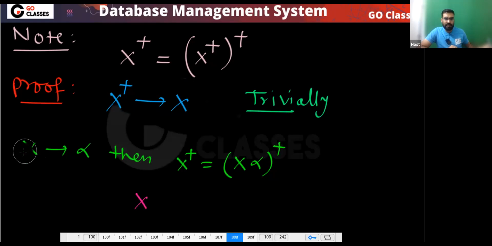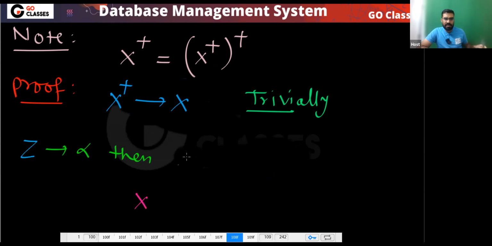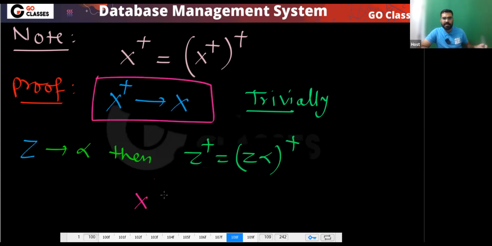Now you can notice if z determines alpha, then this result we know: z closure is equal to z alpha closure. So similarly here I can say that x determines x closure. So what will be the closure of this? No, in this direction we are not proving it.